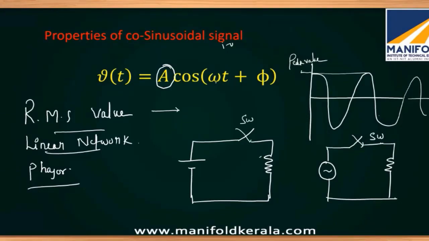Imagine each is a heater immersed in a bucket. One is a DC heater, the other is an AC heater, fed from an AC source and a DC source respectively. The water in the bucket is identical in both cases. I close both the switches at the same instant of time.